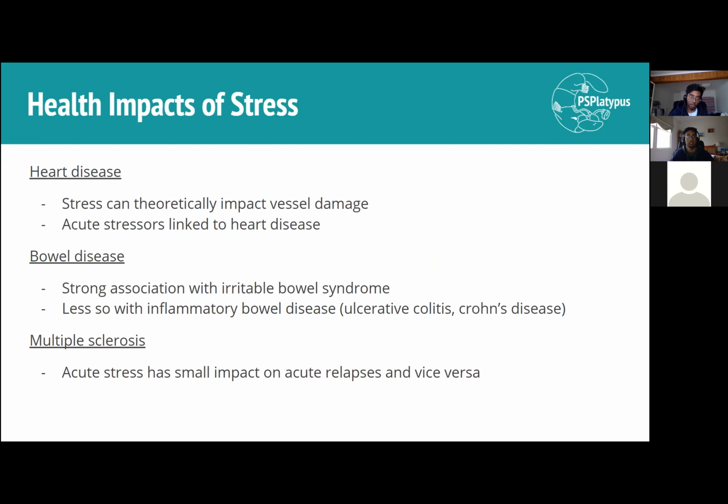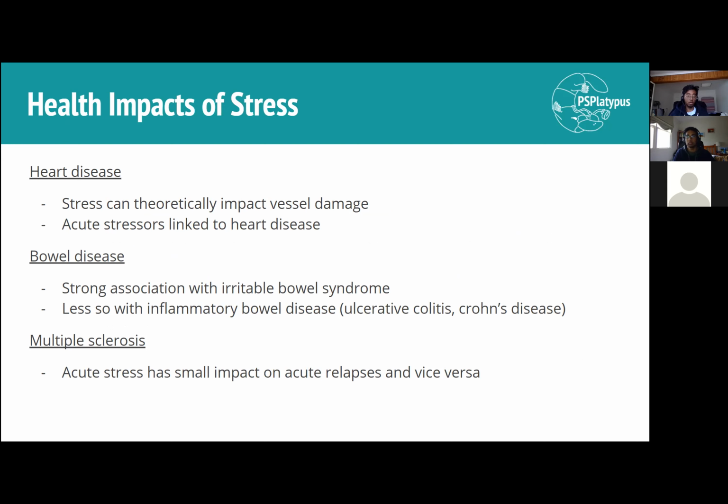Not only that, we have a lot of health impacts as well. Heart disease: it can theoretically impact vessel damage, and we know that stressors are linked to heart disease. Bowel disease, so there are different types, and you should know the difference between these two. It has a strong association with irritable bowel syndrome, but less with inflammatory bowel disease.